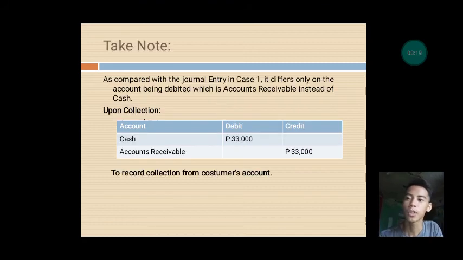Take note, as compared with the journal entry in case 1, it differs only in the account being debited, which is accounts receivable instead of cash. Upon collection, cash is debited for 33,000 and accounts receivable is credited for 33,000. This is the record of collection from a customer's account.